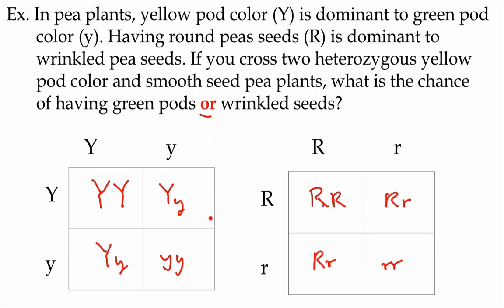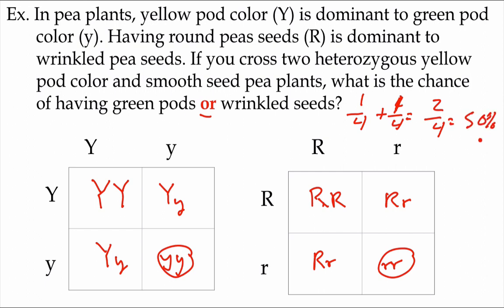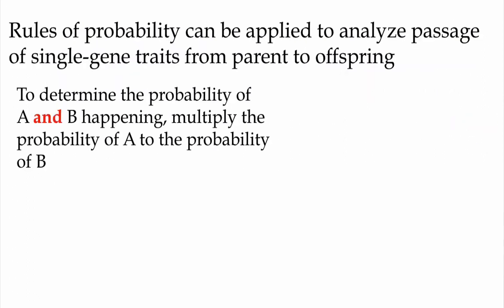So my chance of having a green pod is just 1 out of 4. The chance of having a wrinkled seed is 1 out of 4. There should be a 1 right there. And I'm going to add these together. So this is going to be 2 out of 4, or 50%.